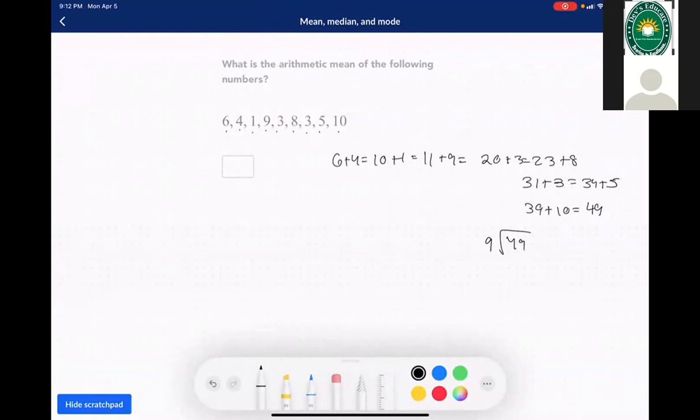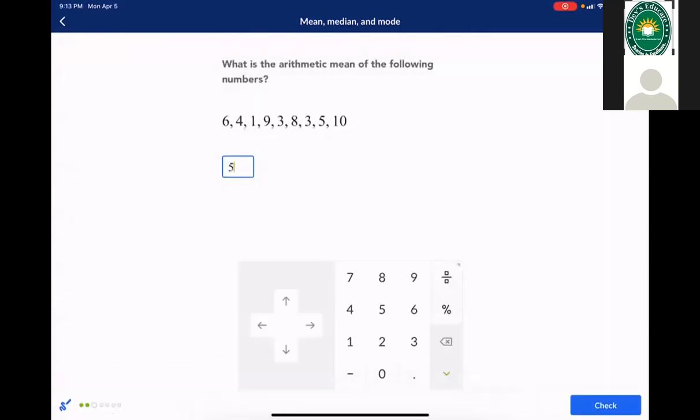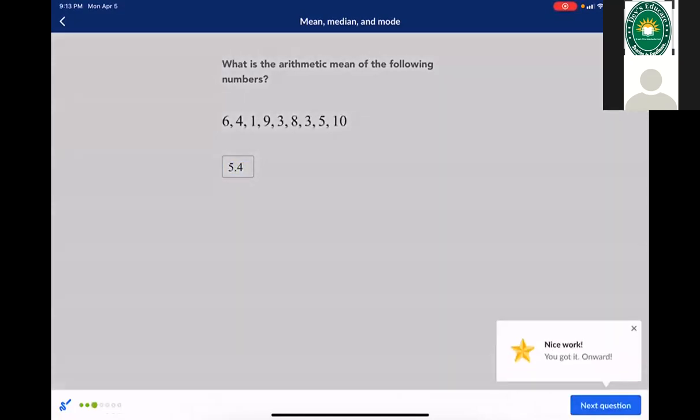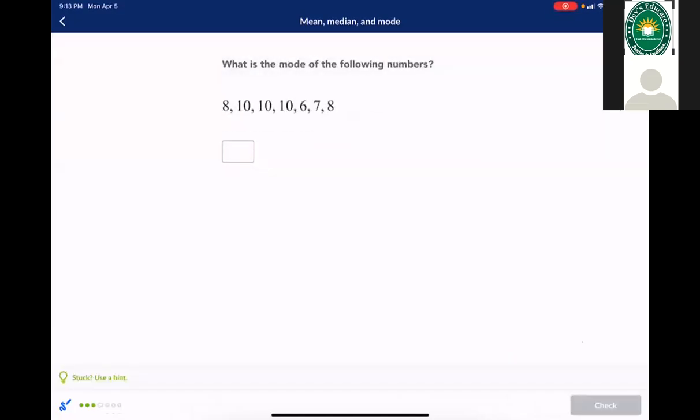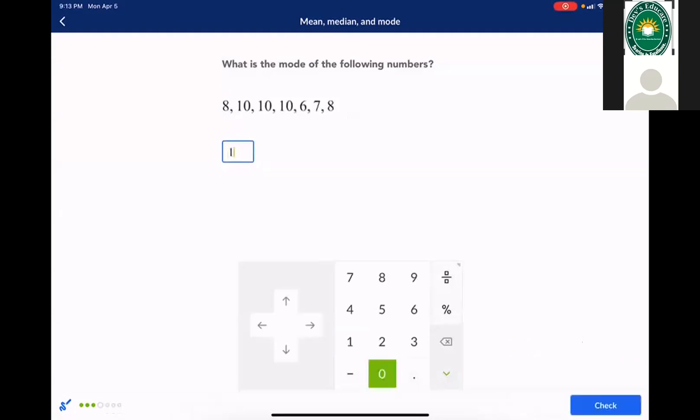Let me get my calculator. 49 divided by 9. 5.4. Yeah, that is 5.4. All right. Then mode is 10.